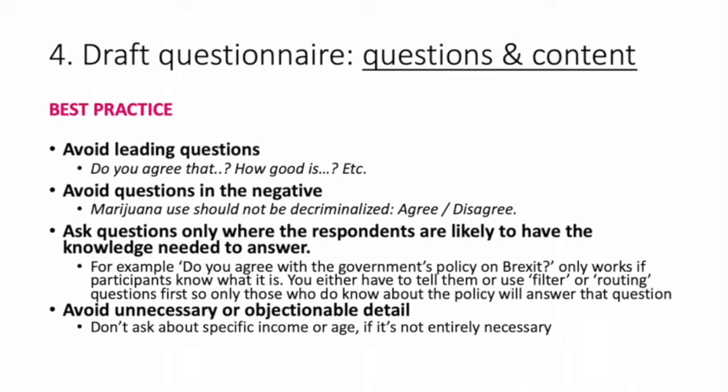Or, for example, if you ask people about their opinion on augmented reality and your sample population is older adults, they might not know what augmented reality is, so you need to be able to inform them and explain what that concept is before you ask them questions about it.